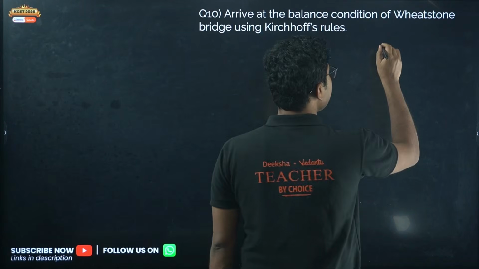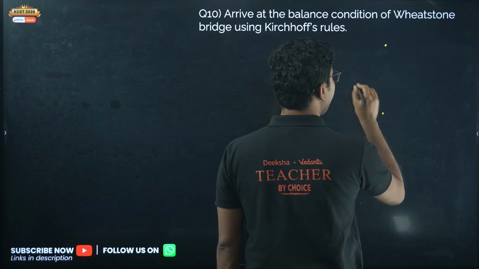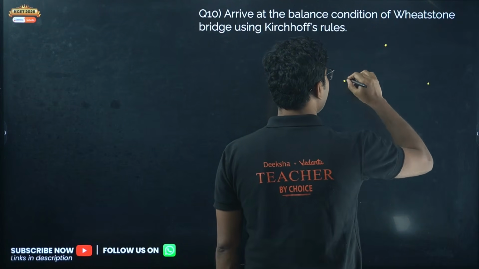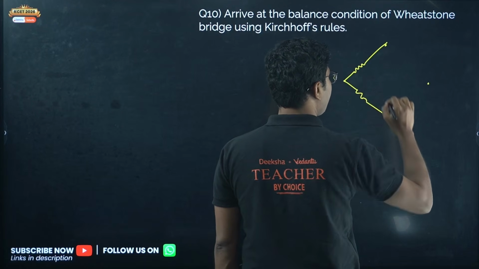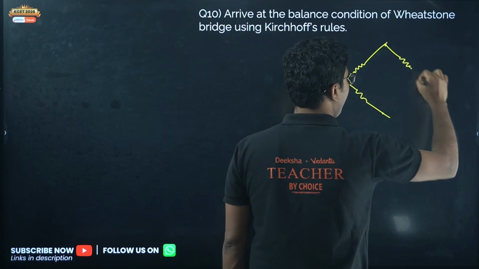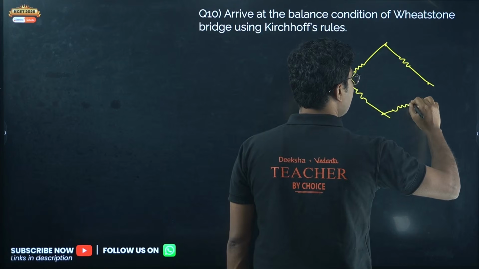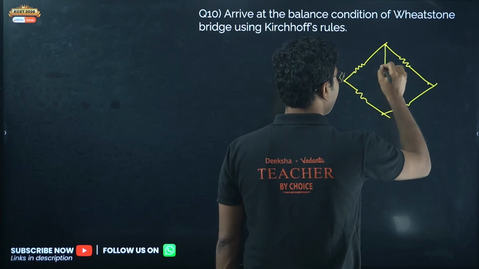Next, the most common derivation: derive the balance condition of the Wheatstone bridge using Kirchhoff's laws, and as usual I am going to do this in the shortest possible way. So here we have PQRS. Obviously the diagram is compulsory.